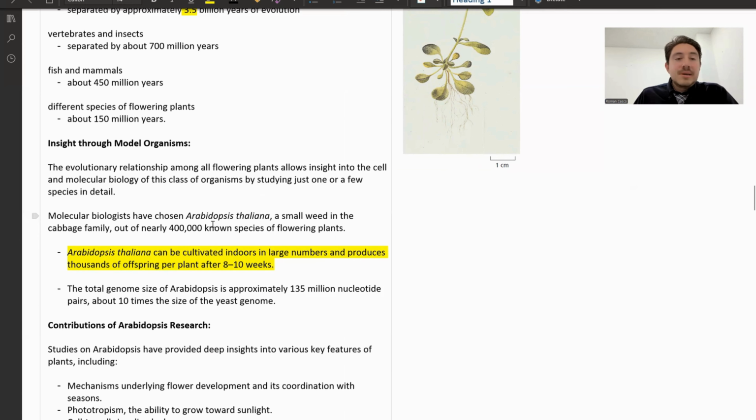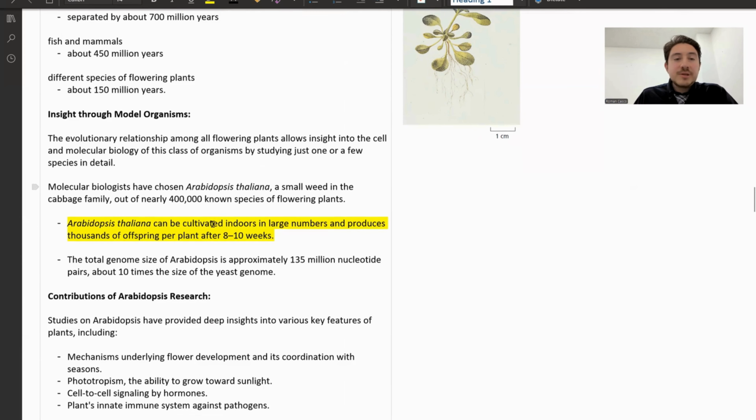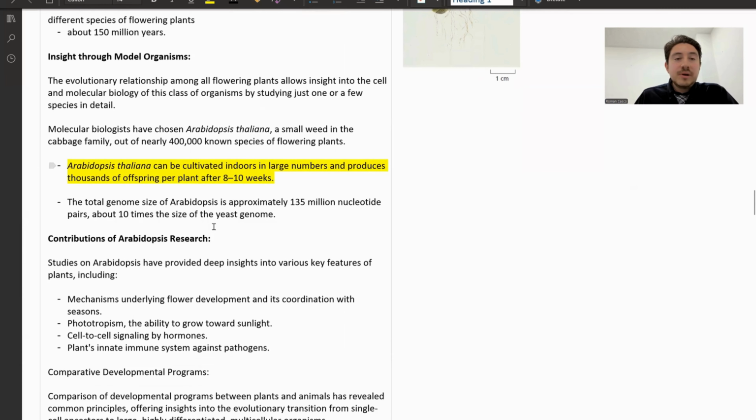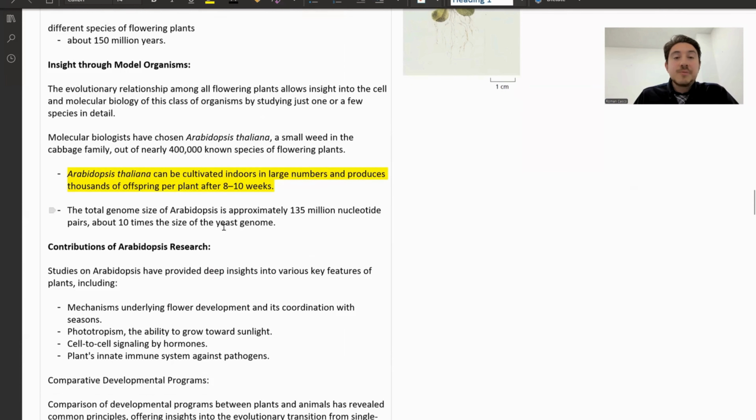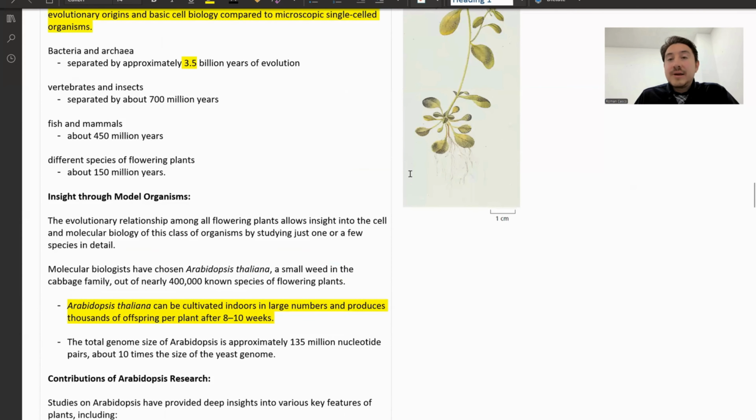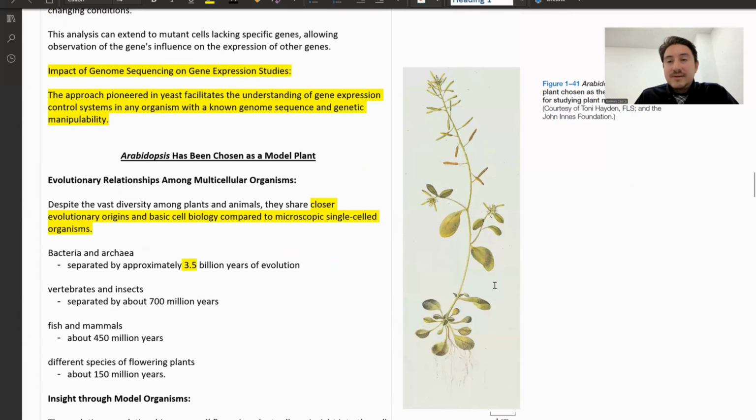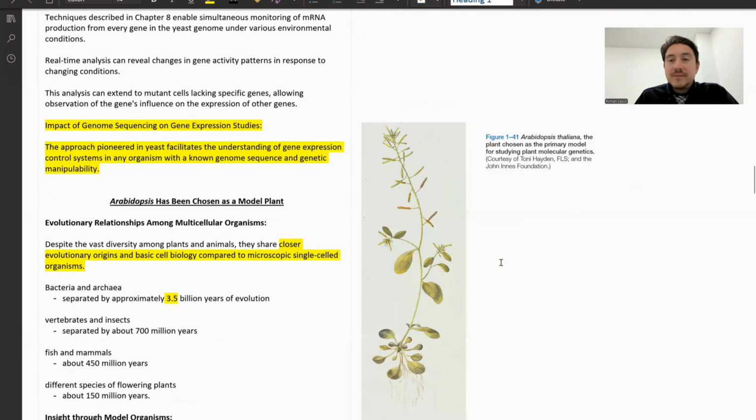And in the case of plants, you have this model, Arabidopsis thaliana, a small weed in the cabbage family out of nearly 400,000 known species of flowering plants. And this is a little visual of how this plant looks.